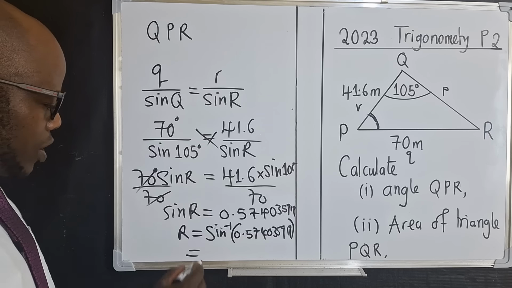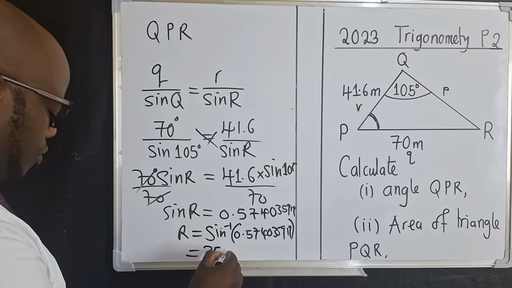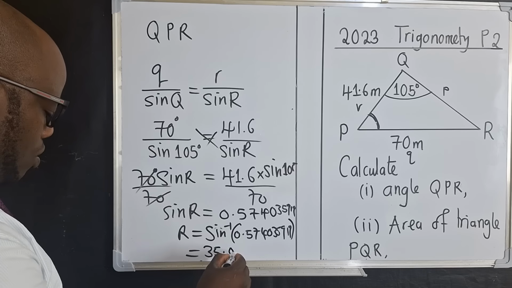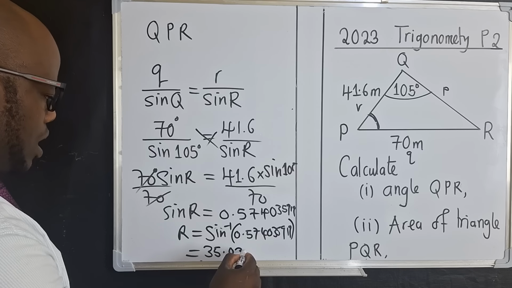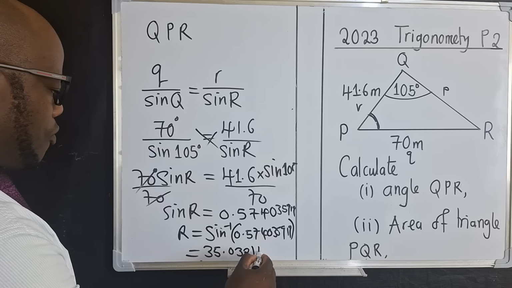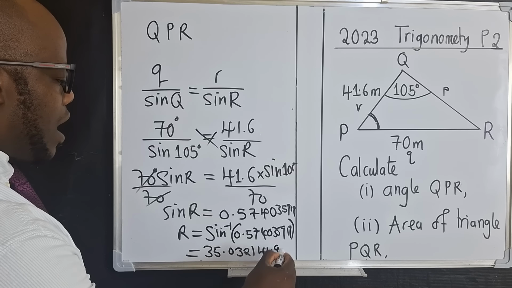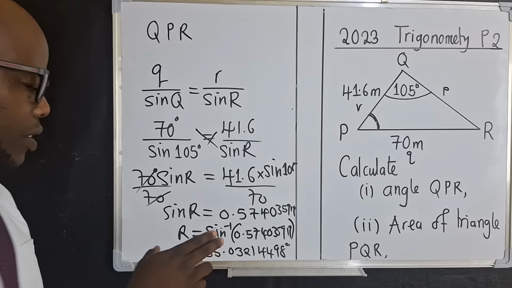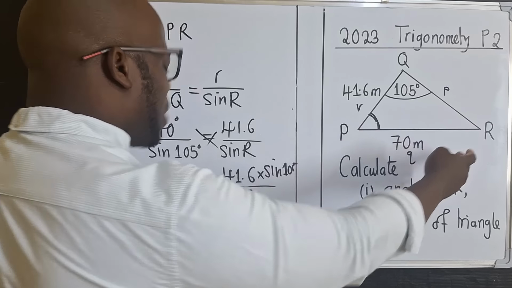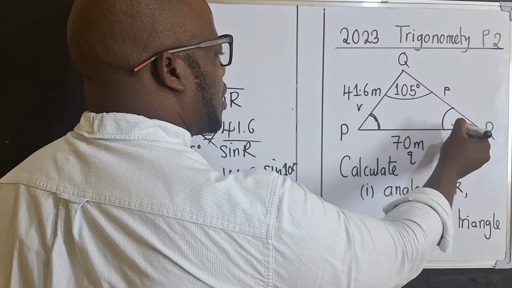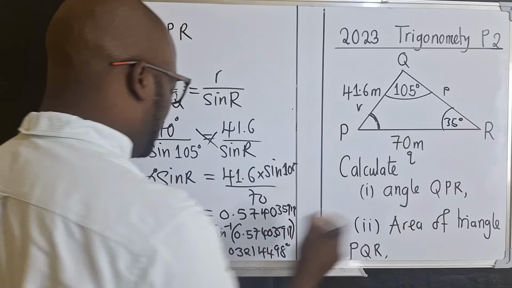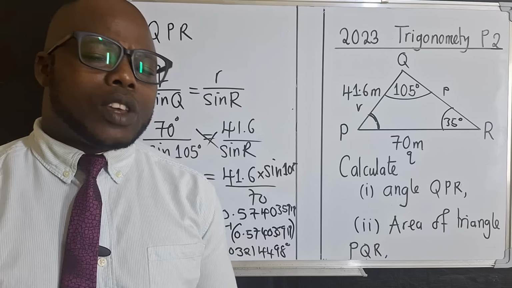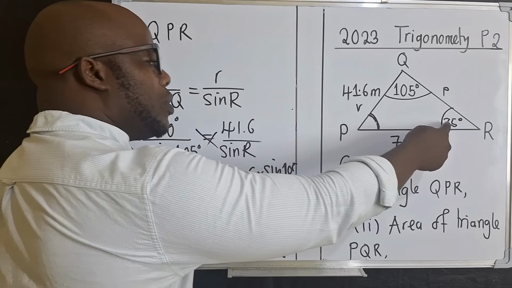You are getting a 35.03214498 degrees. This is what you are getting. So once you get this angle, it's the angle which is right here. I can write it like this, 35 degrees. I've rounded it off. 35 degrees. So that's the angle which is here.